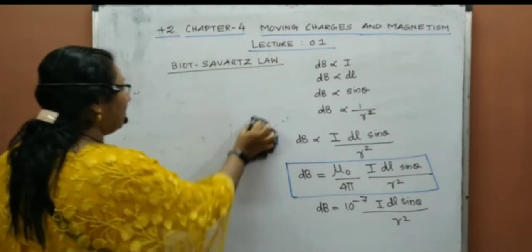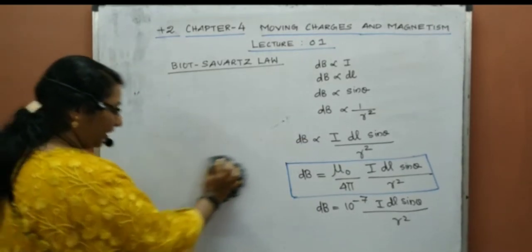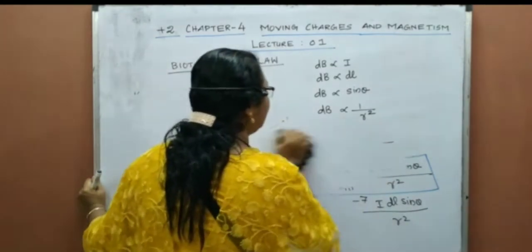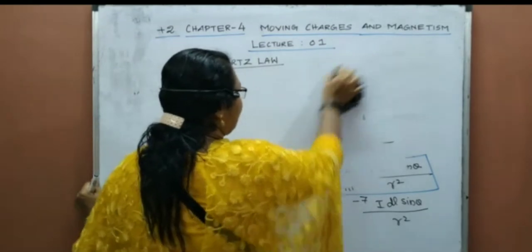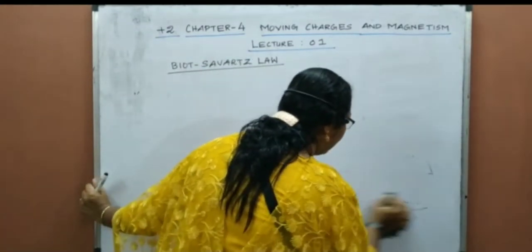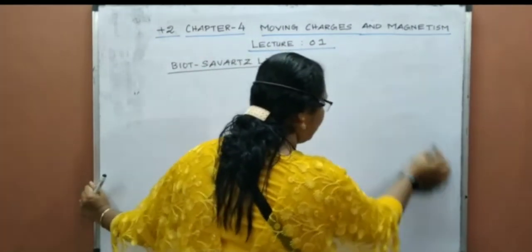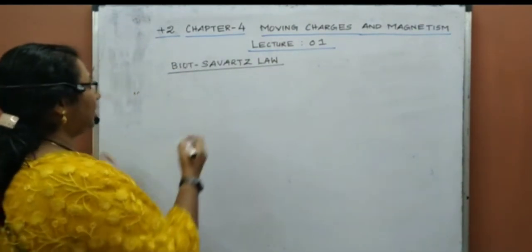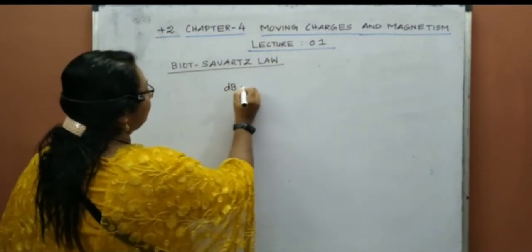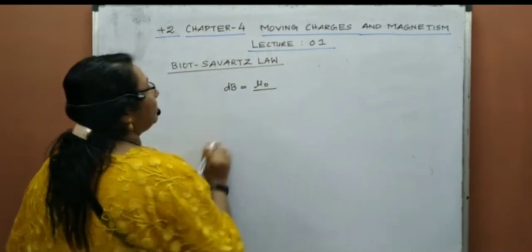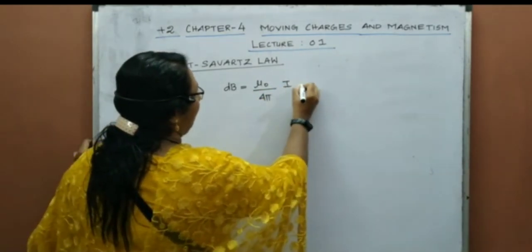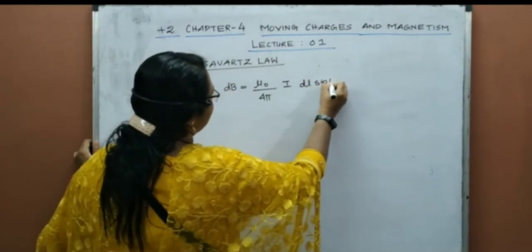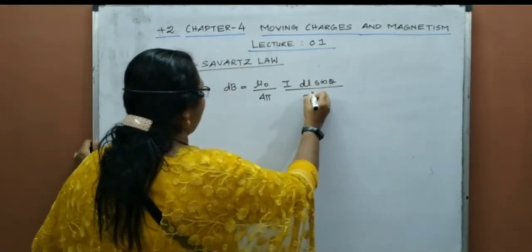So, from the Biot-Savart law, we got the magnetic field due to a very small current carrying segment, dB. dB is equal to mu 0, permeability of free space, by 4 pi I dl sin theta by r square.